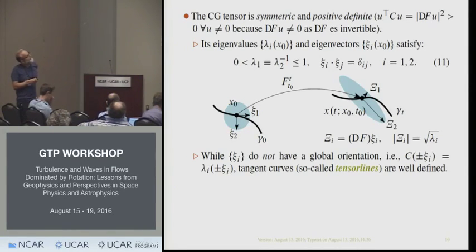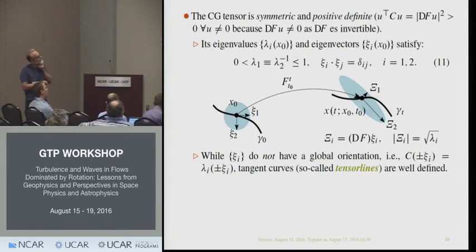This tensor is symmetric and positive definite. Because of this, the eigenvalues are positive, and the eigenvectors are orthogonal. Lambda 1 is the smallest eigenvalue, lambda 2 is the largest, and they are inversely related because of incompressibility. The product of lambda 1 and lambda 2 has to be 1 because of incompressibility. One thing is to view this as a field in the space of initial positions x naught.